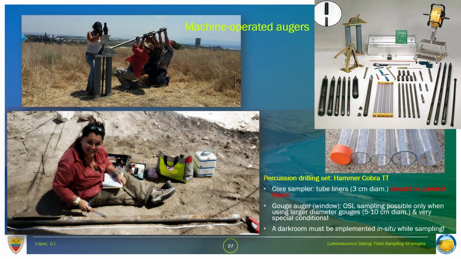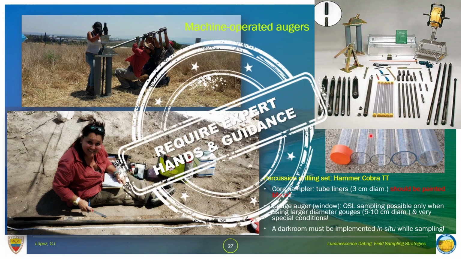Same goes for any machine operated augers or for any equipment that uses liners. Liners have a smaller diameter than the PVC or metallic pipes that I showed you previously. So these need to be painted black.